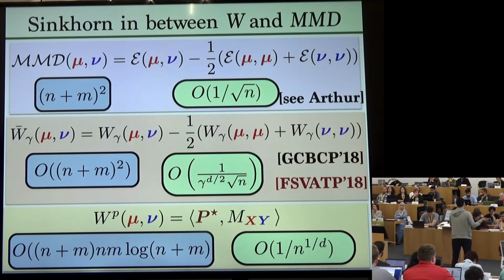And the other result that I didn't tell you about is this idea that actually this quantity has much better sample complexity than the Wasserstein distance. Because we are giving ourselves more room, we are allowing ourselves to be a bit lazier, we recover in exchange something that has better sample complexity.